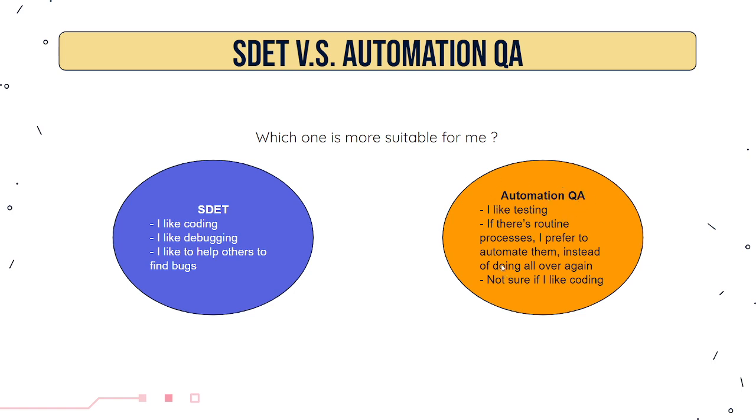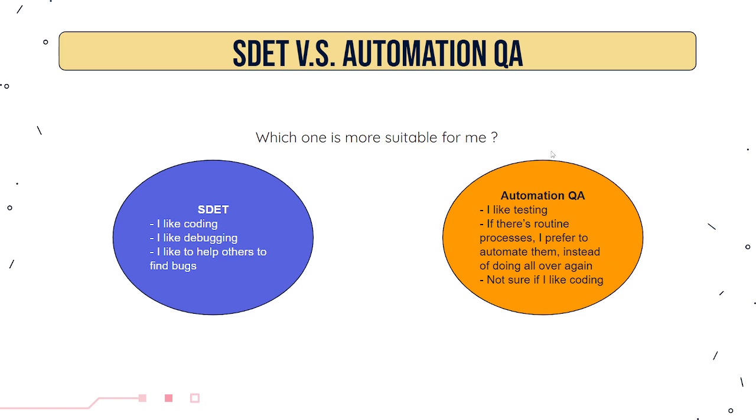But though you prefer that option, you are not quite sure that you are very interested in coding. You doubt that you have much passion for coding. So maybe before you jump into SDET work, because SDET needs constant coding every day, you can start from automation QA first, because you like testing and you like doing some automation, and you're not sure if you want to code fully every day.